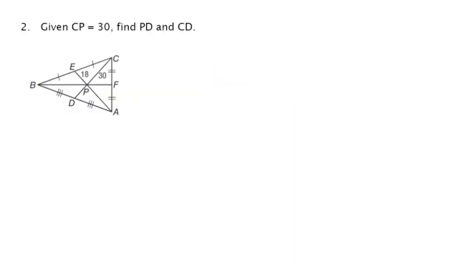For question number 2, we're going to use the property of a centroid. If we look at this, it says CP is 30, which is this segment right here. What that property says is if I have a median, and I know P is the centroid, you can see they're all intersecting at P. If we look at that entire segment, CD is the long segment.